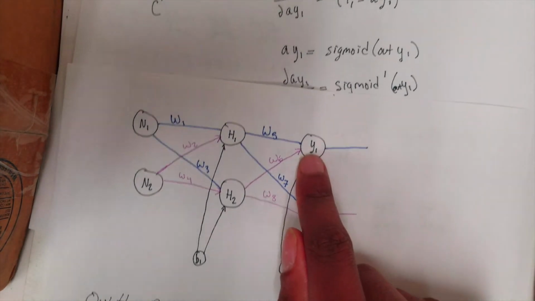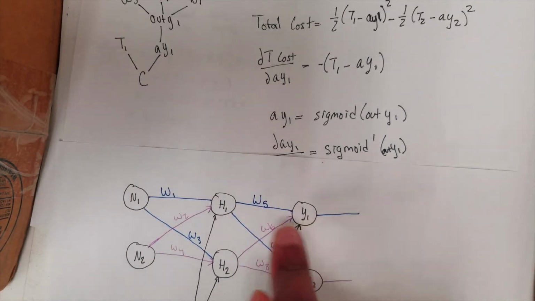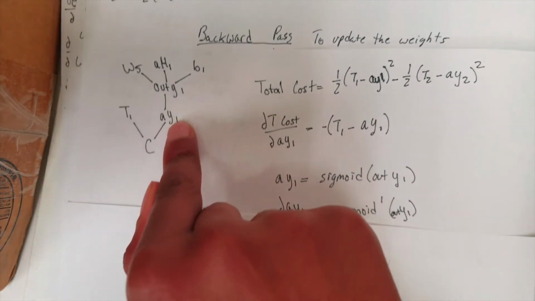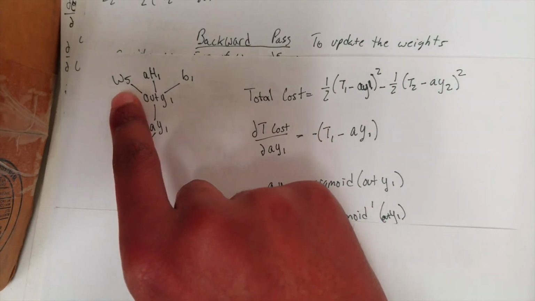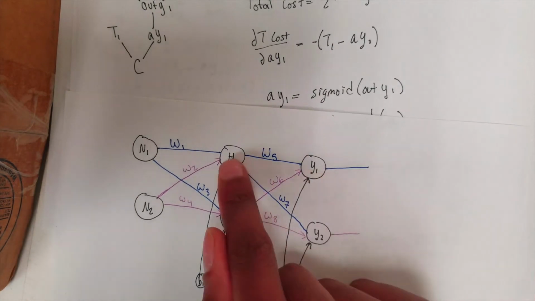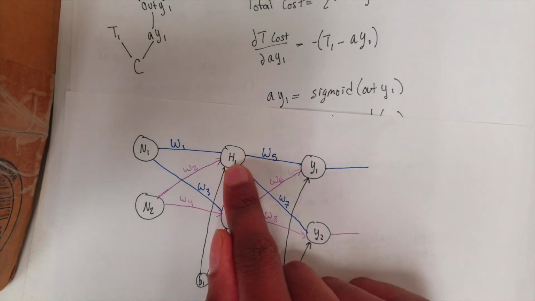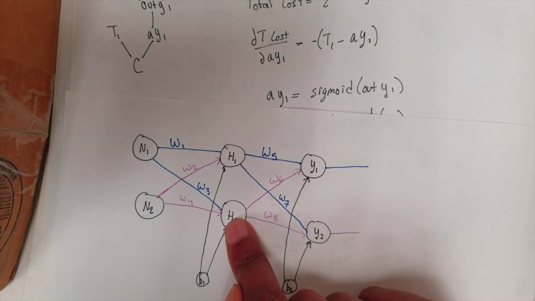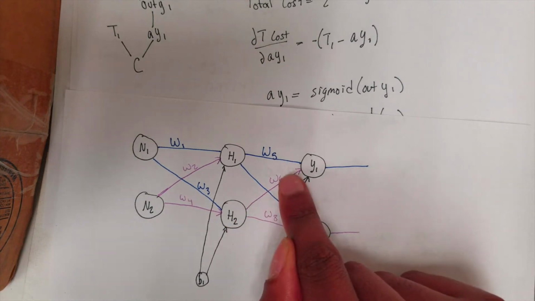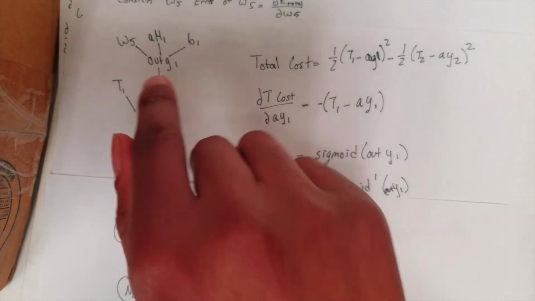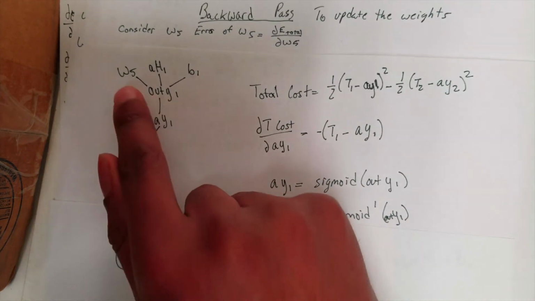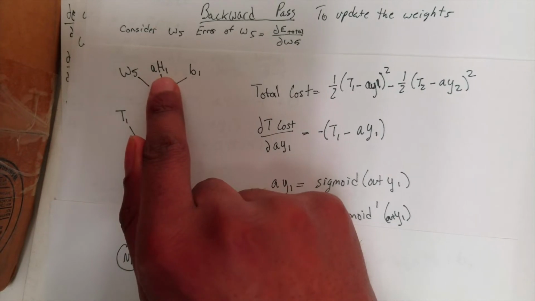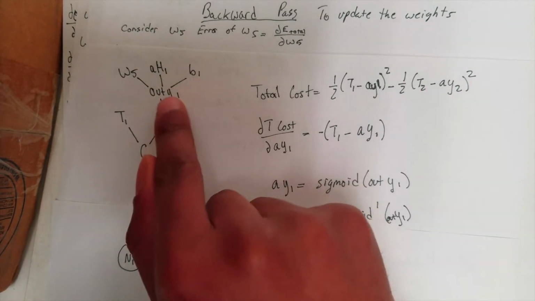which we calculated, or we put it inside the activation function, and then the output of Y1 comes from that formula. The output of Y1 comes from the activation of H1 times W5, the activation of H2 times W6, plus the bias. So that's why we have as inputs to this output of Y1, weight 5 times activation of H1 plus the bias.